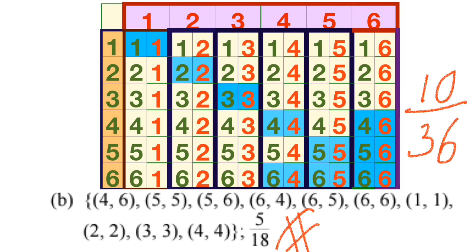You have 5 5, you have 6 6. You have 4 6, 5 6, 6 5, and 6 4. Okay. Total you have 10. So out of the sample space of 36, 10 over 36, or equivalent to 5 over 18.